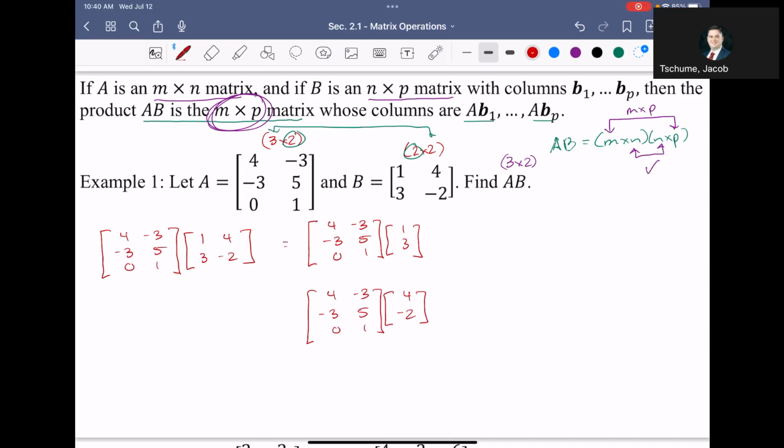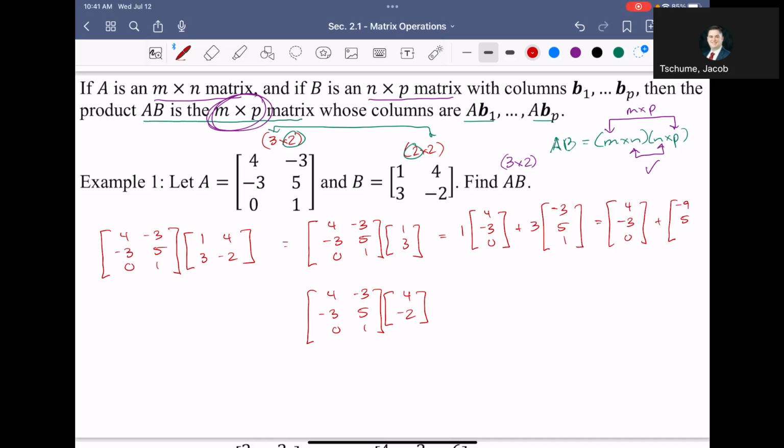Now, this should look familiar from what we covered in chapter 1, in that to multiply a matrix times just a vector, you take the first element of your vector, which is 1, and you multiply it by the first column of matrix A. And then you add to that your second entry, which is 3, times the second column of the matrix you're working with. So distributing your constants through, this will give you 4, -3, 0, plus -9, 15, 3.